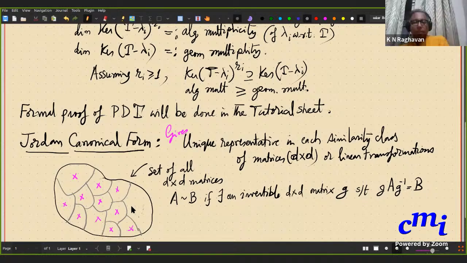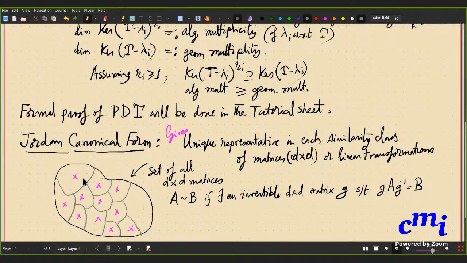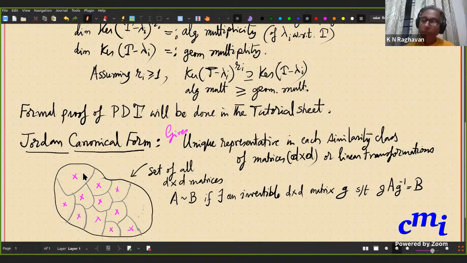Okay, good question. Let me answer your first question. The representative just means it belongs to that equivalence class. That's all. Then each member can be considered as a representative. Yeah, you can choose some other representative from that class, right?